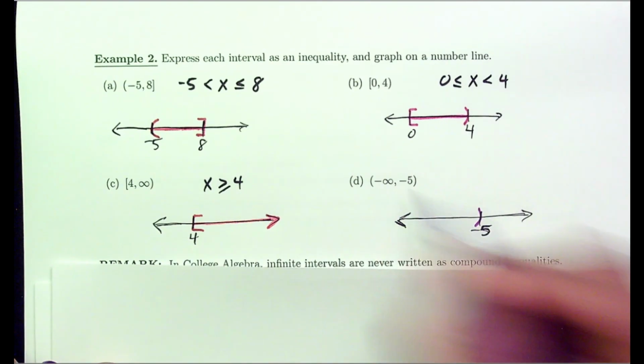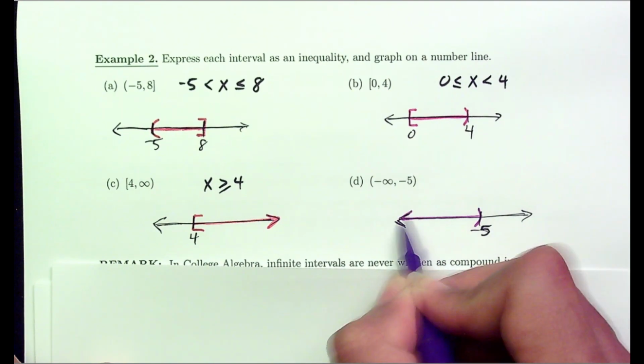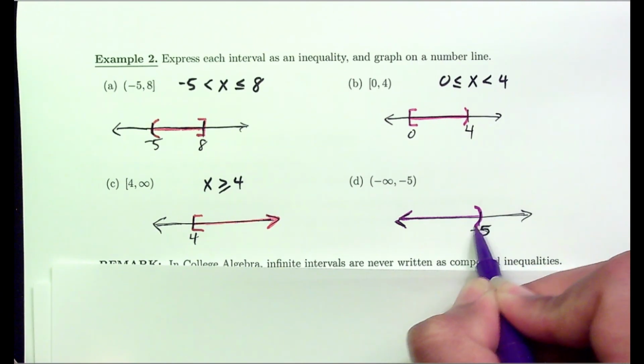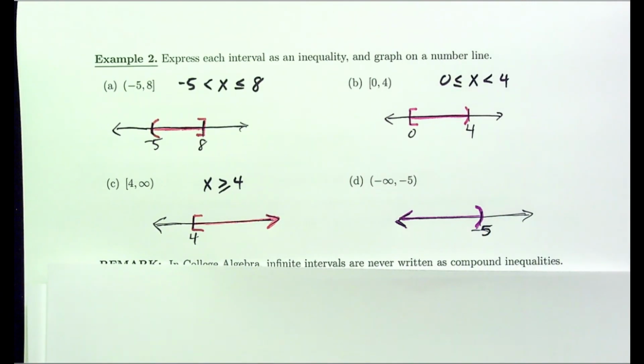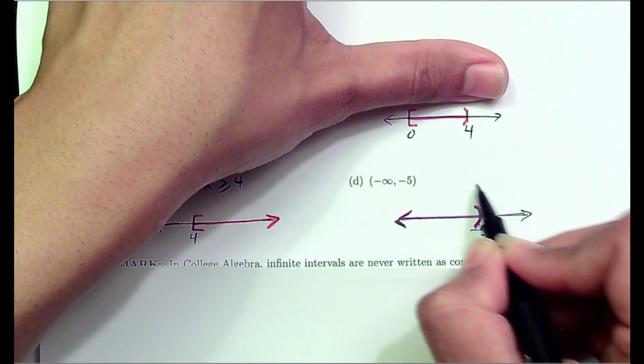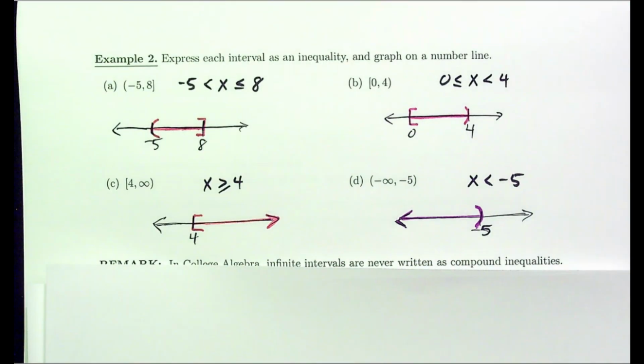It should be like in the interval. And you want all numbers to the left all the way to -infinity. And in inequality notation, that would mean all numbers smaller than -5, not including -5, smaller than -5. So x less than -5.